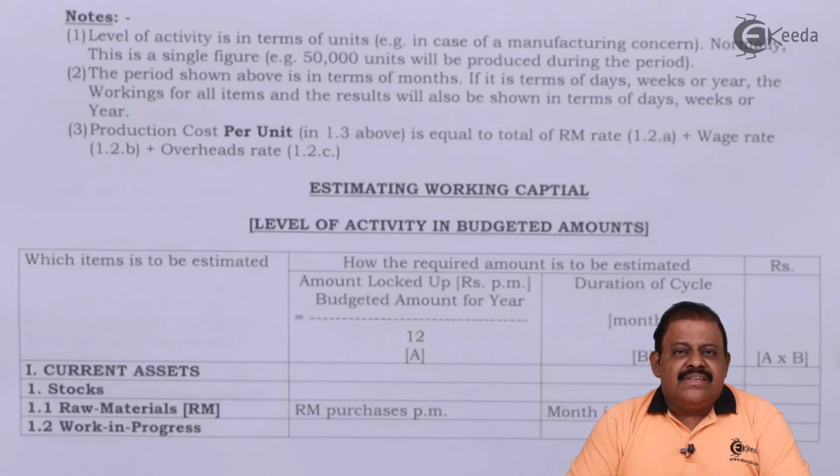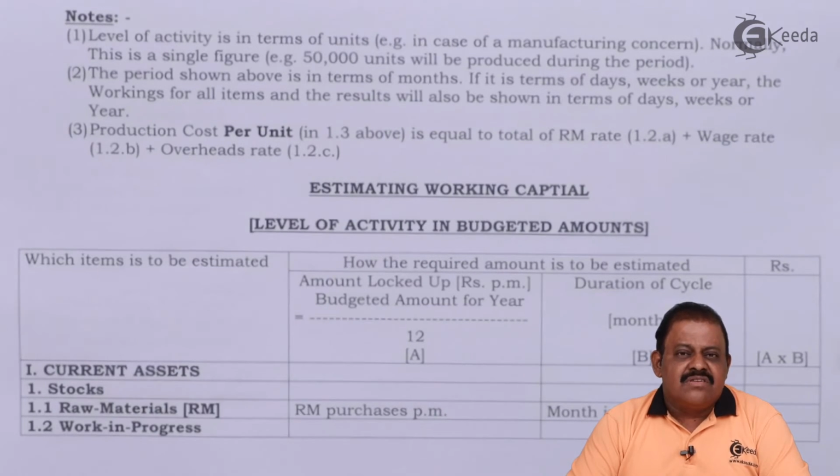For example, if they have given per annum 60,000, to find out monthly output we have to divide that figure by 12 months. If per annum output is 52,000, to find out weekly output we are required to divide by 52. Similarly, we can calculate per day output taking 360 days or 365 days as per the assumption taken in the examination question.